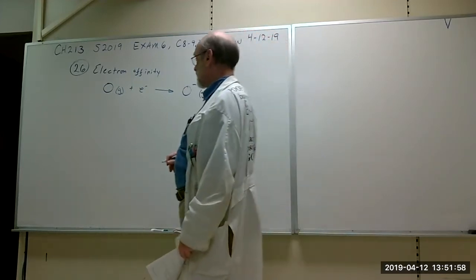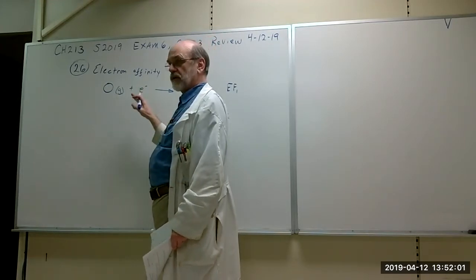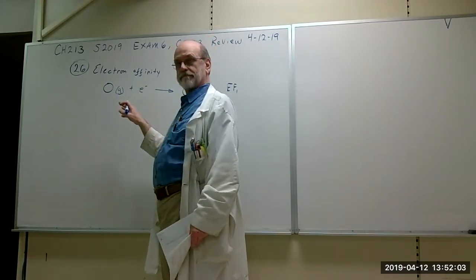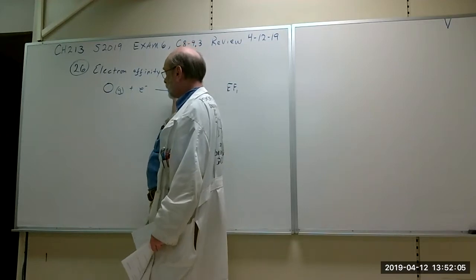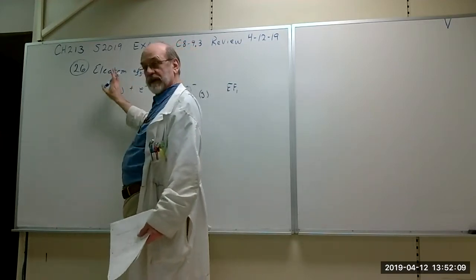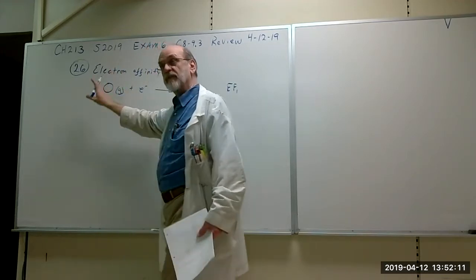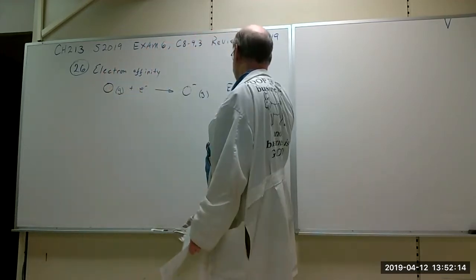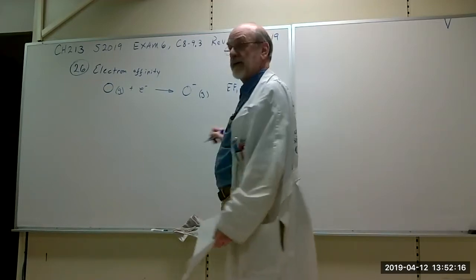Is this going to be endothermic or exothermic? When an electron comes from infinity down to some lower orbital next to an atom, it always gives up energy. So this is going to be exothermic and favorable.